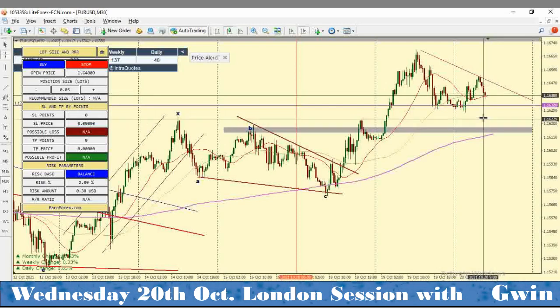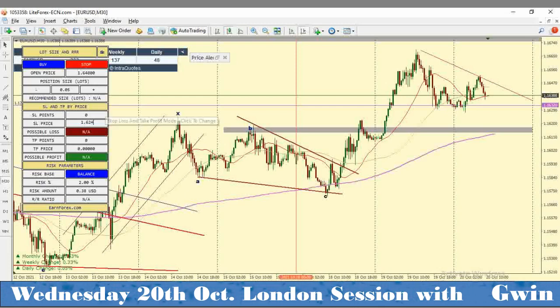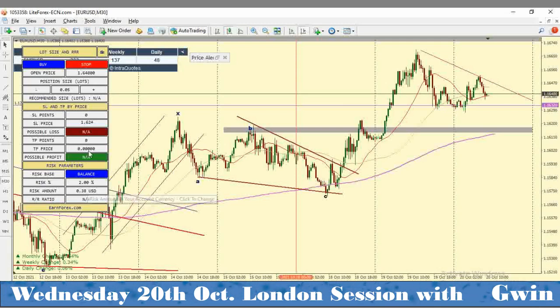We're going to put our stop loss at 1.624. Then we're going to put our target as our TP1, 1.675. Let's see.